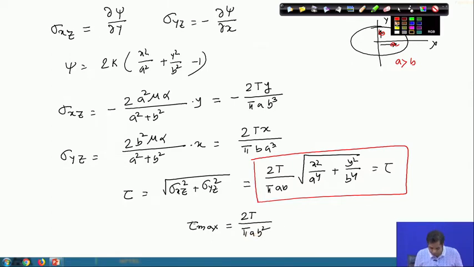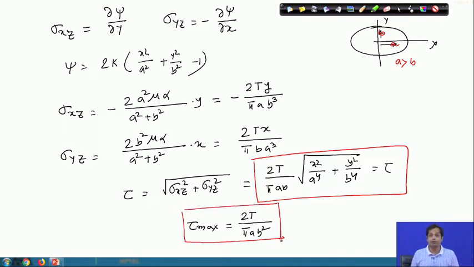You can determine this by differentiating with respect to the coordinate axis, making them 0, and then finding the values of x and y for which tau is maximum. Okay, so this is the expression for tau max.